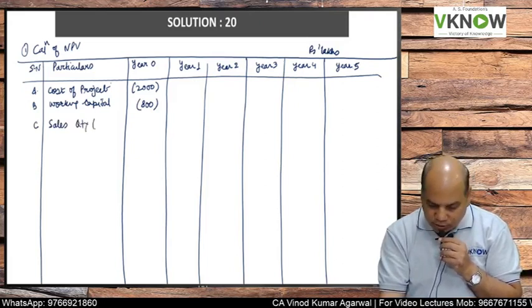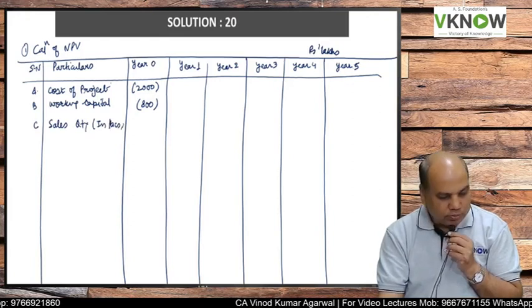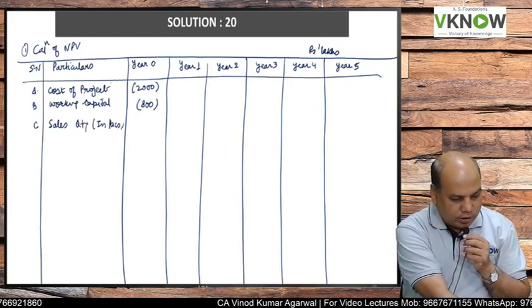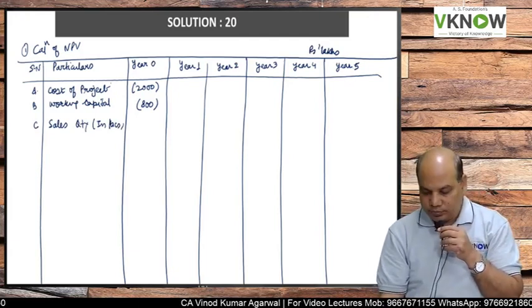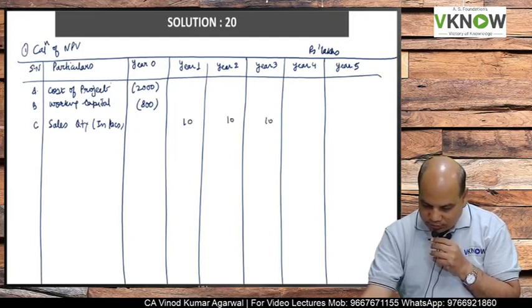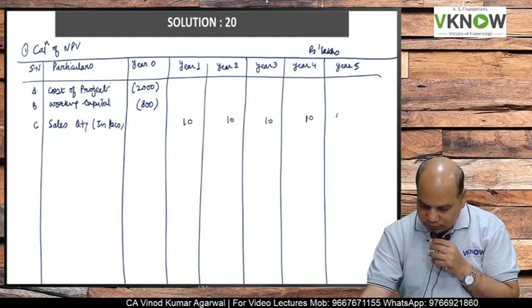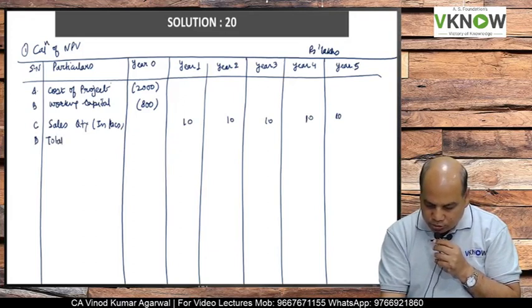Sales quantity in lakhs. So read the problem. In the table, sales quantity 10 lakh unit per annum is written. So you write down 10, 10, 10, 10, 10.